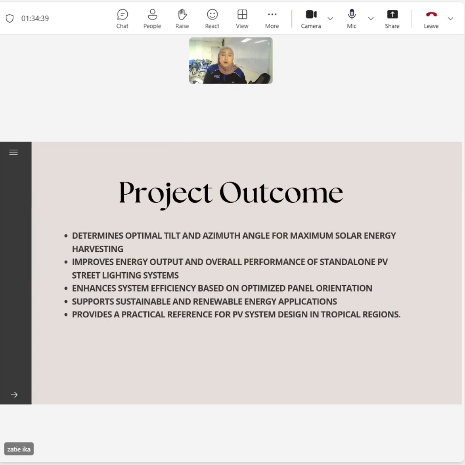At the same time, it supports sustainable and renewable energy application. Last but not least, this project can be practical reference for PV system design, especially in tropical region like Malaysia.